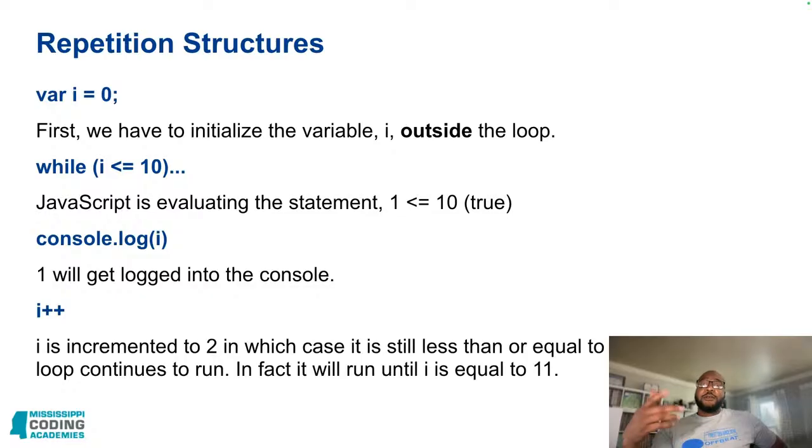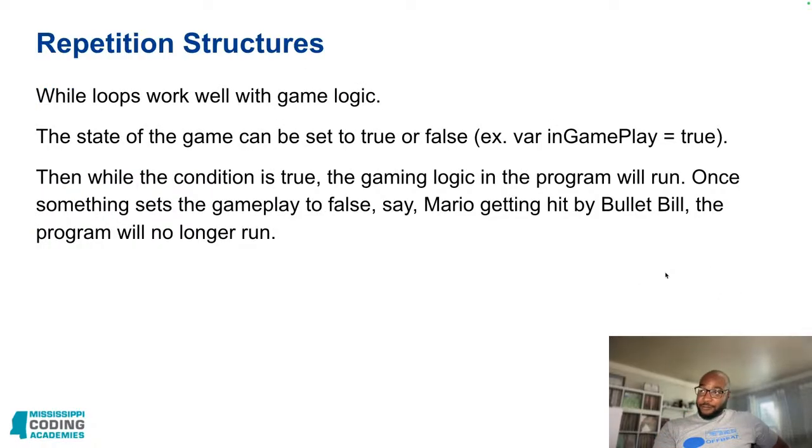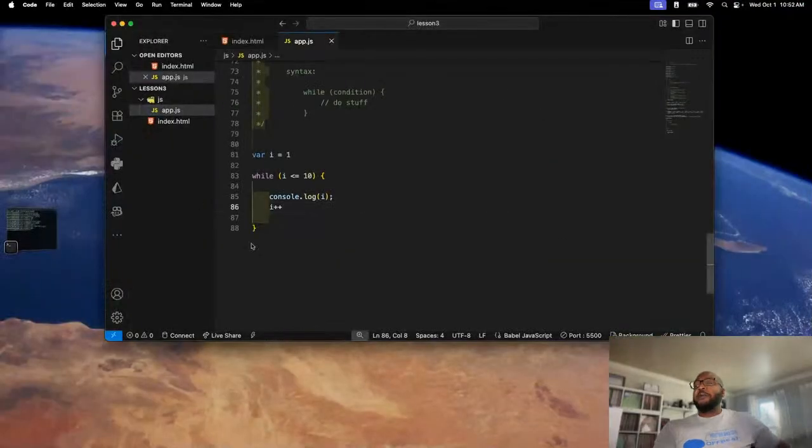So then console.log I gets printed out to the console, and then I plus plus. So I is incremented to 2, still less than or equal to 10. So the loop continues to run, and it'll run until we get to 11, and then it will stop working.